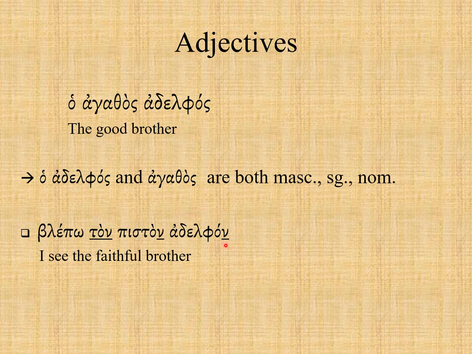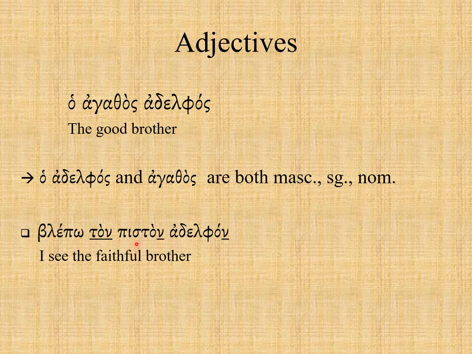Ho adelphos becomes ton adelphon, as you can recognize by the final nun here. So when we have the adjective pistos, now it also has to be in the singular masculine, and in this situation specifically in accusative case. Blepo ton piston adelphon.